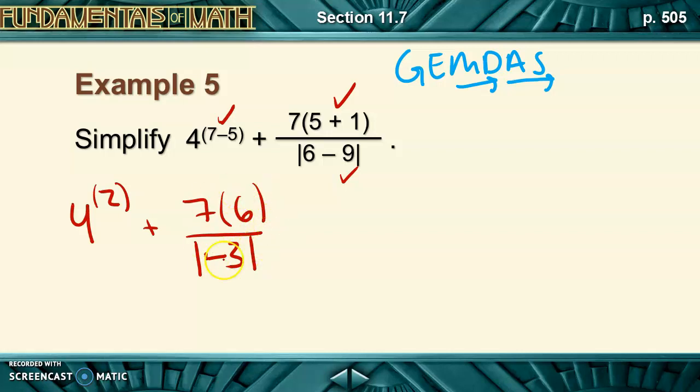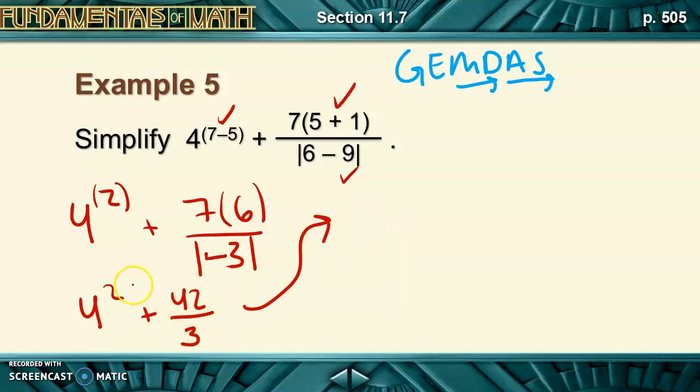Well, technically we do, because fraction bars are grouping symbols. So this is still going to be 4 squared, plus 7 times 6 is 42, divided by the absolute value of -3 is just going to be +3. Cool? Next.